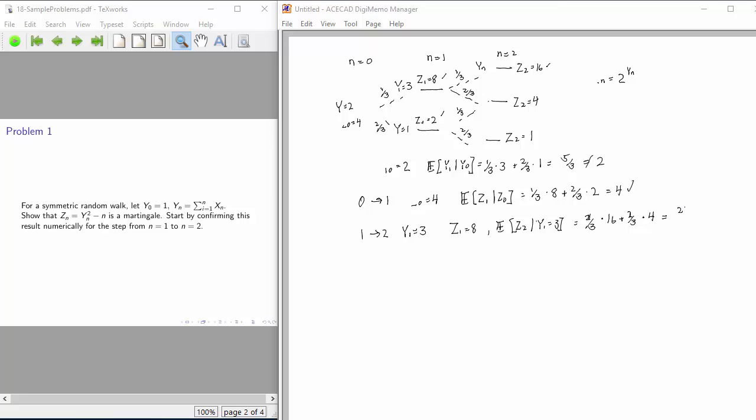That's 16 plus 16 over 3, which is equal to 8.